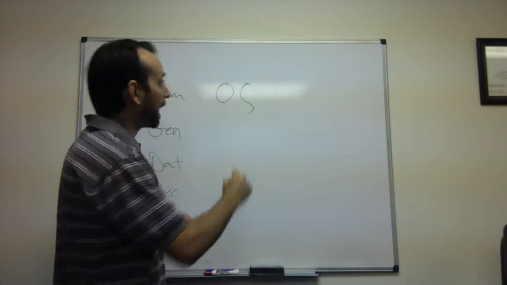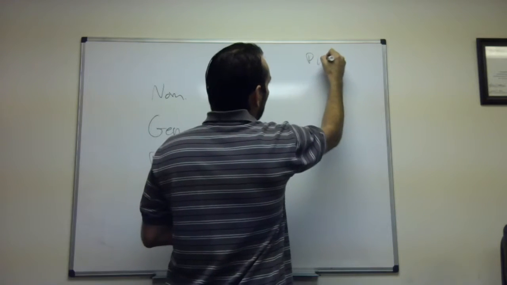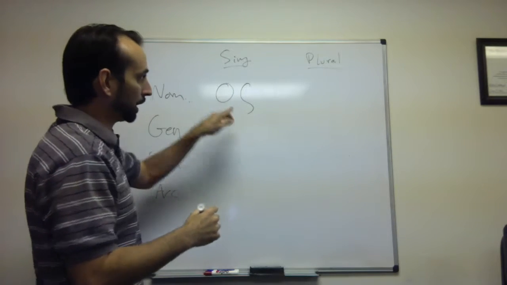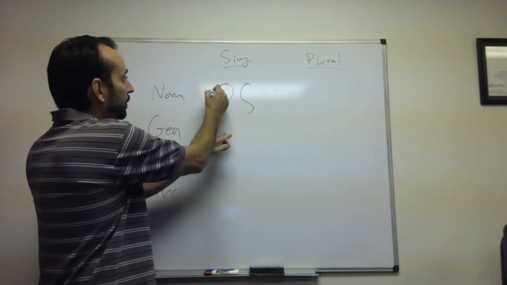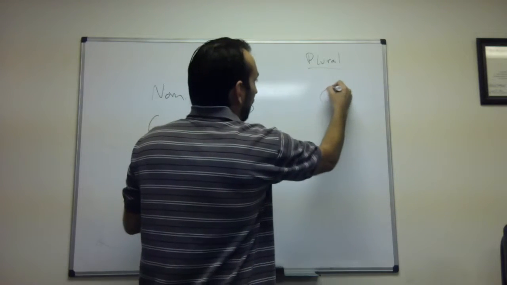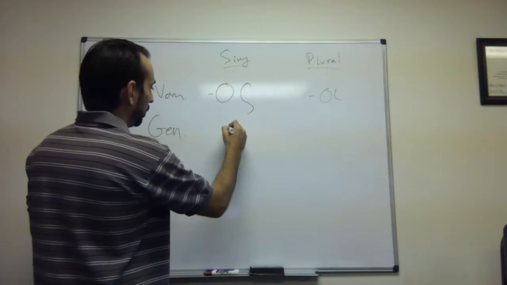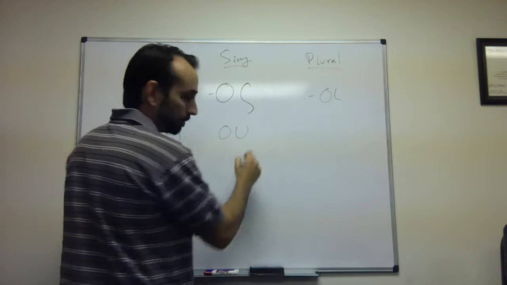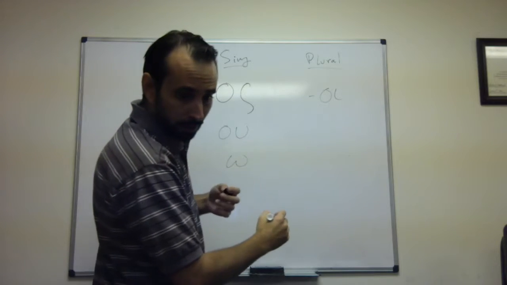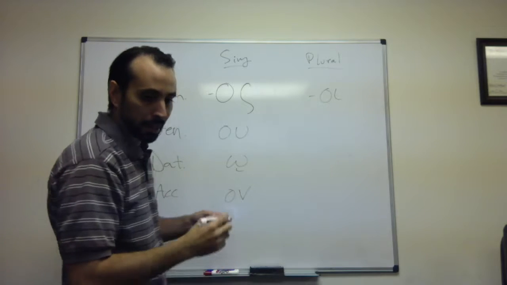And then you get the pattern for singular, because you have singular nouns and then you have plural nouns, right? So for a nominative singular noun, it's going to have this kind of ending on the end of the noun, and then oi if it's plural. So omicron sigma, and then omicron upsilon, and then omicron, iota, and then omicron nu.